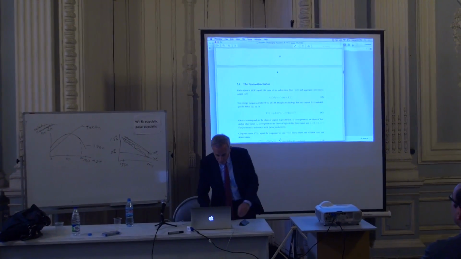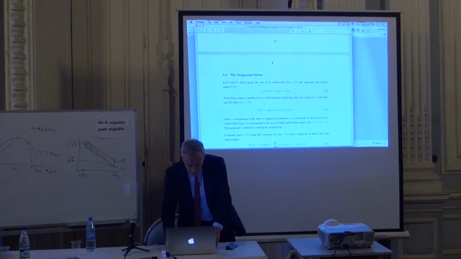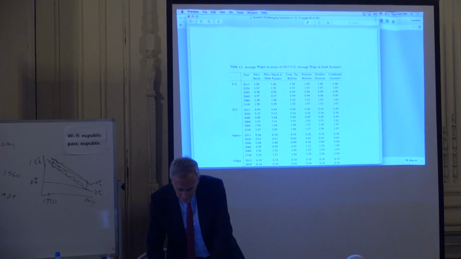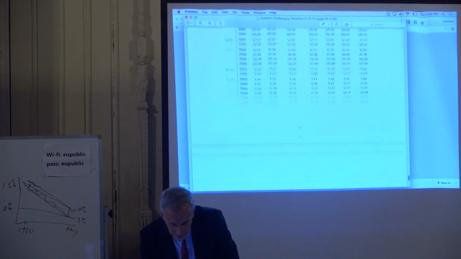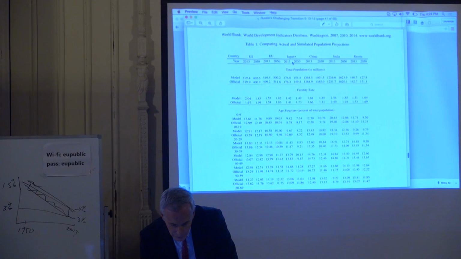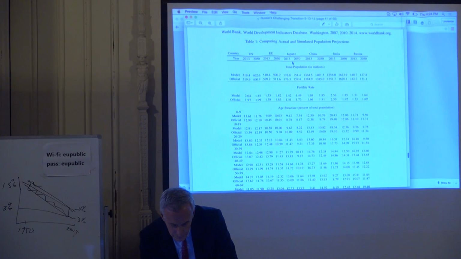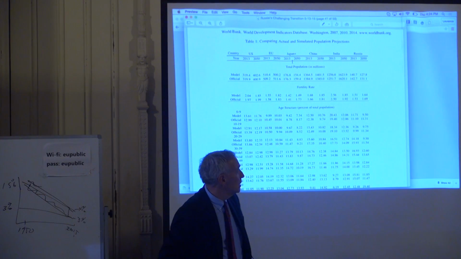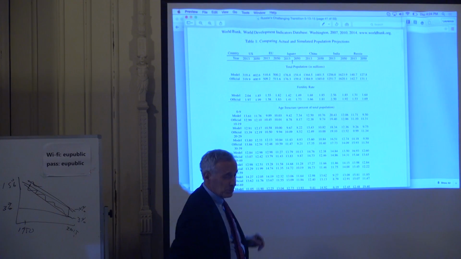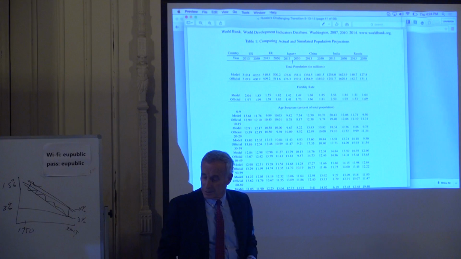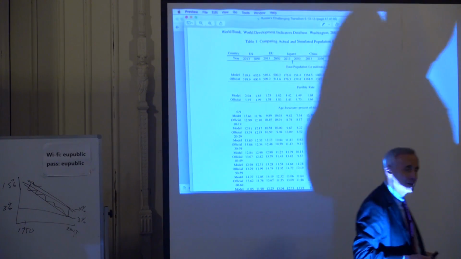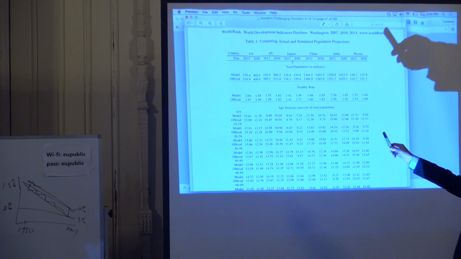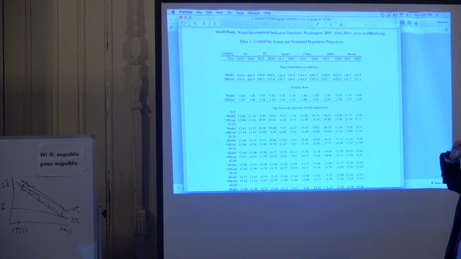I'll talk to you about the rest of the model in a second. Okay, so here we have our demographic projections, and what you can see here is, let's look at the US.